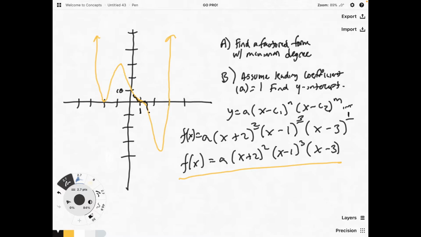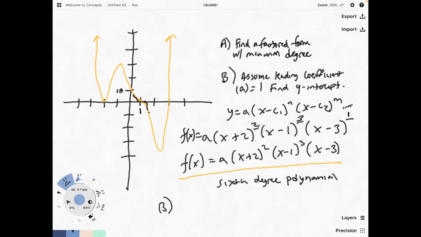And then we have this last x here, which brings the total degree of this polynomial to a 6th degree polynomial. And that satisfies A.